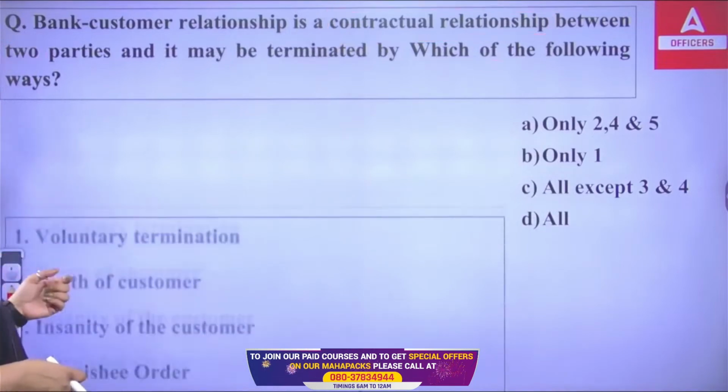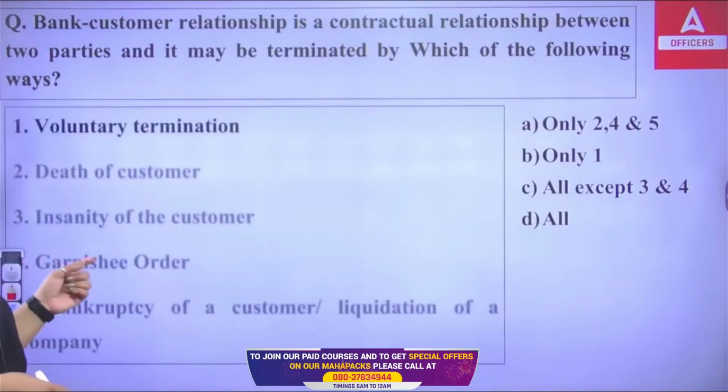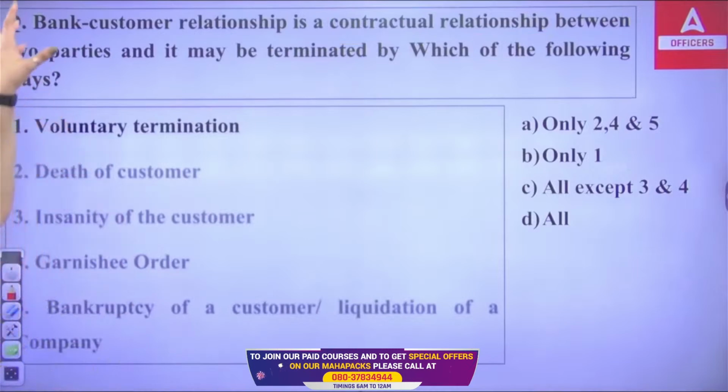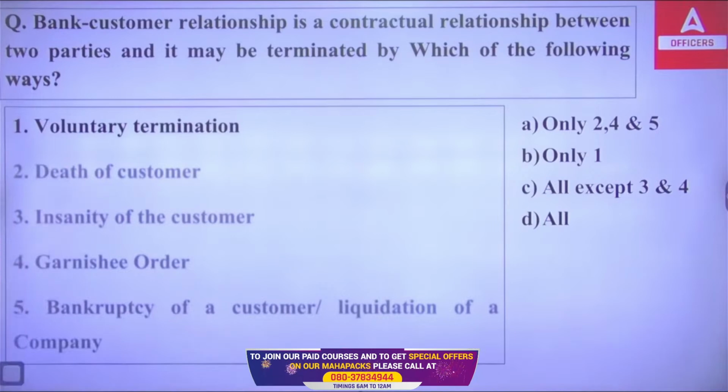If you want to terminate, the termination of the contractual relationship between a bank and a customer can be done in which condition? In which ways can it be done? So first we have voluntary termination, death of customer, insanity of the customer, garnish order, bankruptcy of a customer, liquidation of a company.